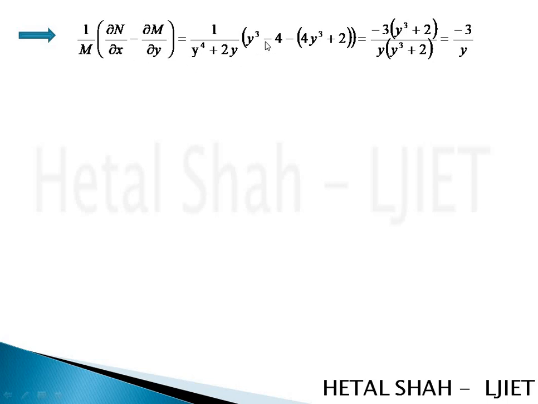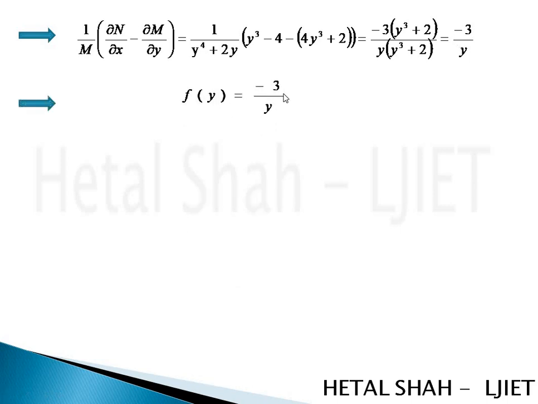Del n by del x is y cube minus 4, minus del m by del y is 4y cube plus 2. By simplifying, we get minus 3 upon y, which is the function of y only. It means case 4 is applicable here because we get function of y only here, right?